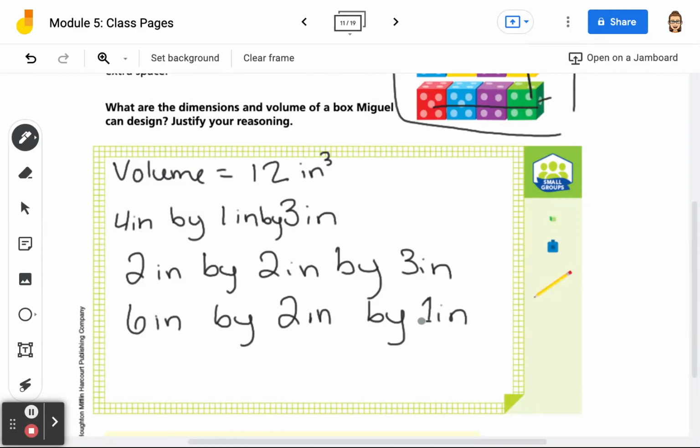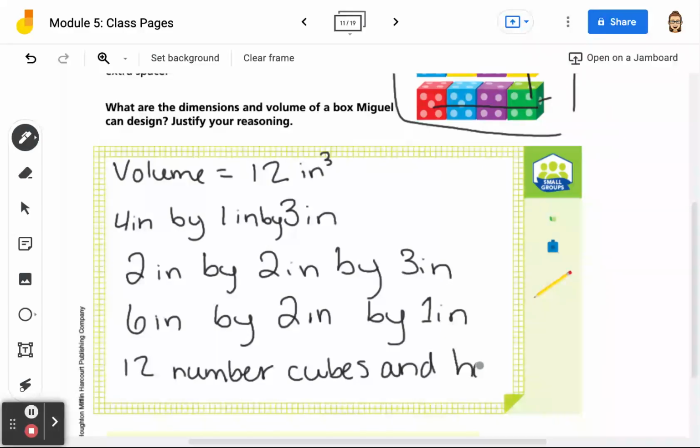Basically they all have to be filled in with no gaps. All of these show 12 number cubes and have a volume of 12 cubic inches.